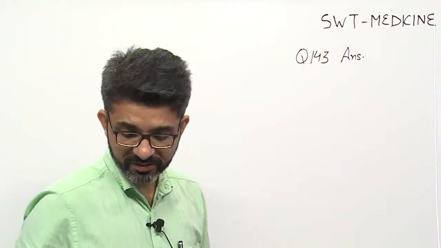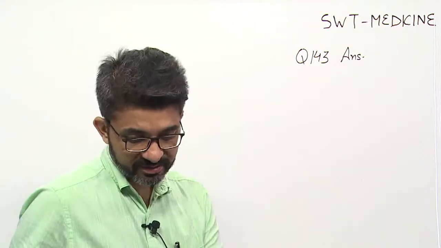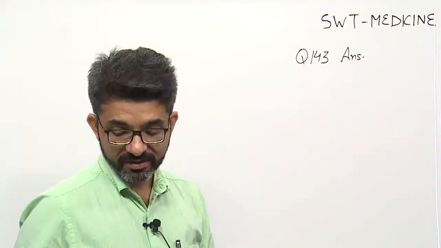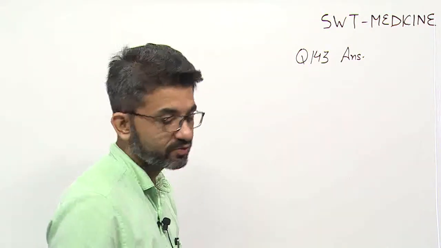Question number 143. Tendon xanthoma is most likely seen in which type of primary hyperlipidemia? It is type 2A.